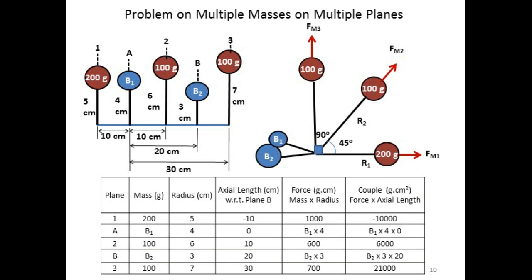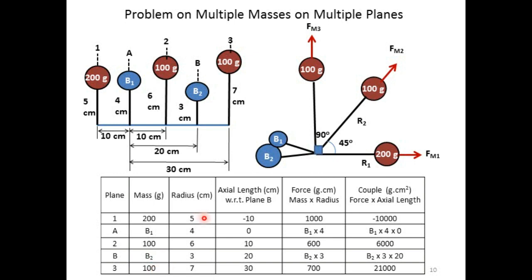We can formulate a table where we present plane 1, plane A, plane 2, plane B, plane 3. The mass: the known 200, B1 the balancing mass is unknown, the mass at gear 2 is known, which is 600 gram, the balancing mass at plane B is unknown, and the last gear 3, the unbalanced mass is 100 gram.